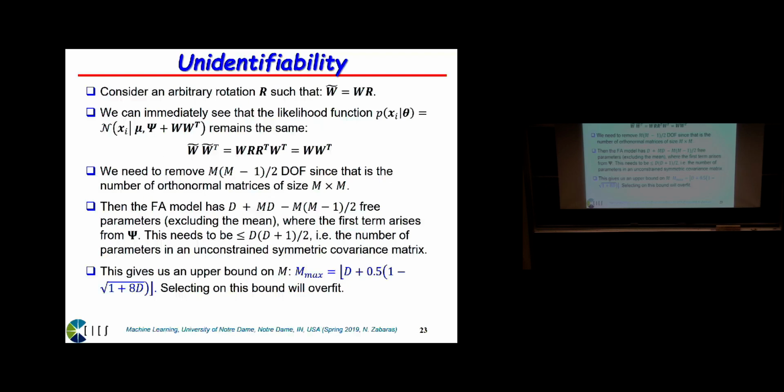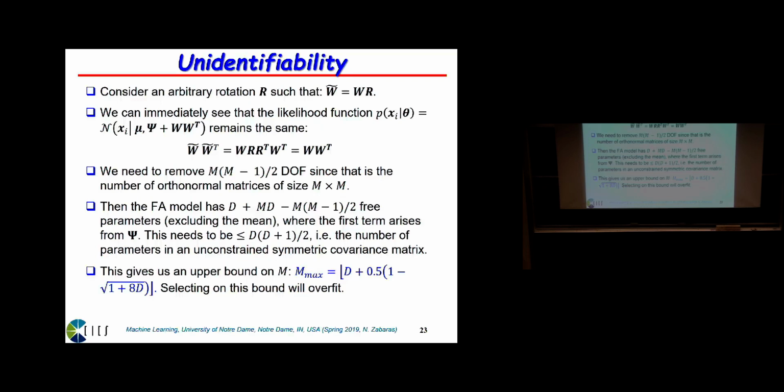So if you forget the mean and you look at the covariance of a multivariate Gaussian, what is d times d plus 1 over 2? You remember the covariance matrix is symmetric, so it is the degrees of freedom to define a symmetric matrix in d by d.